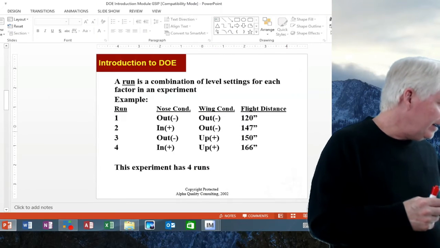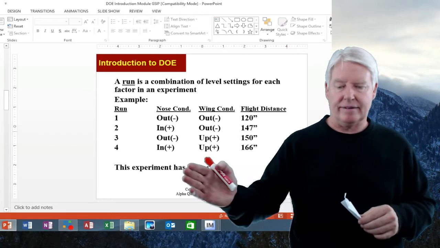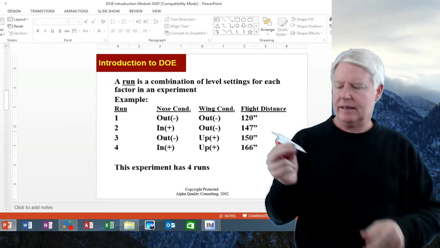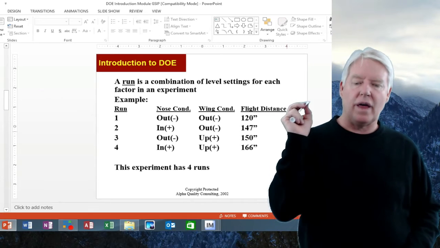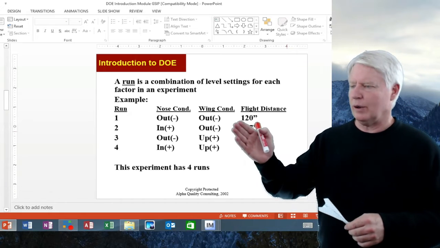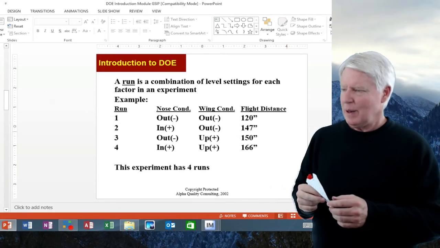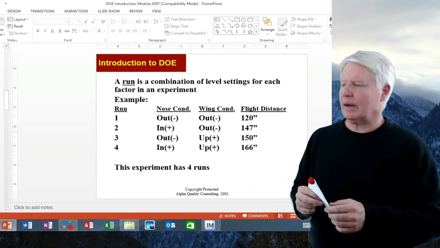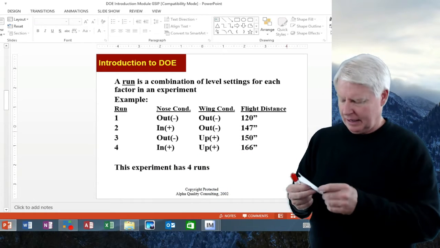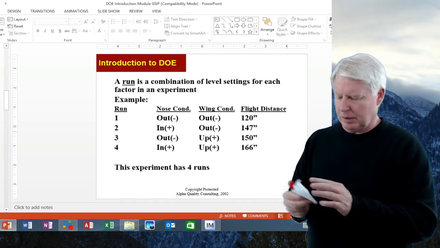Run number 1 was negative, negative. So my wingtips are out and my nose is out. So I'll throw that and I write down my, let's say it went 120, which is what it says there. And then next time I say, okay, what's next? They're in random order. Oh, the next one you run positive and positive. Okay, so I change it to positive and positive.